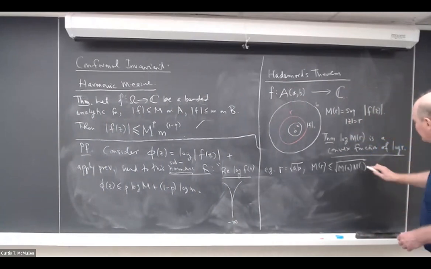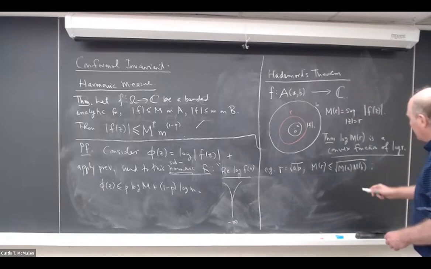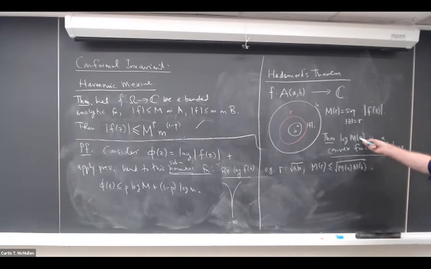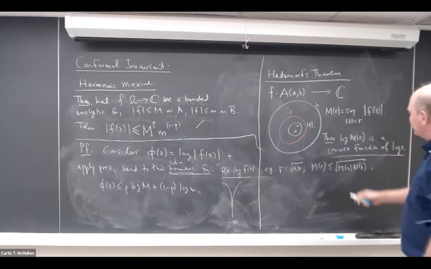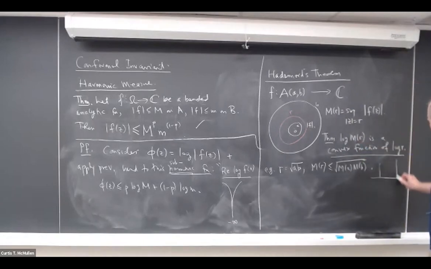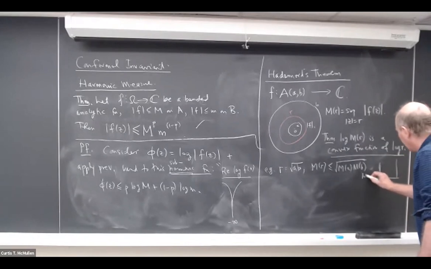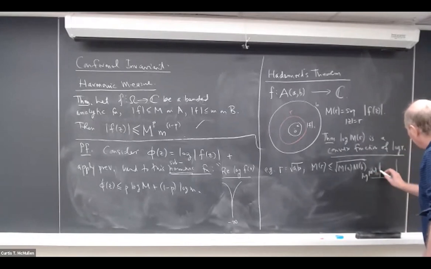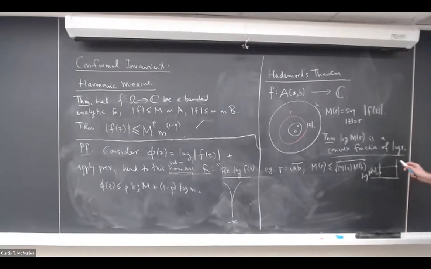So again, by the maximum principle, if you just knew the maximum principle, you would be looking at the values of log m of r, and you know the values at two endpoints, and then the maximum principle would say the graph of the function lies below the maximum of those two values.